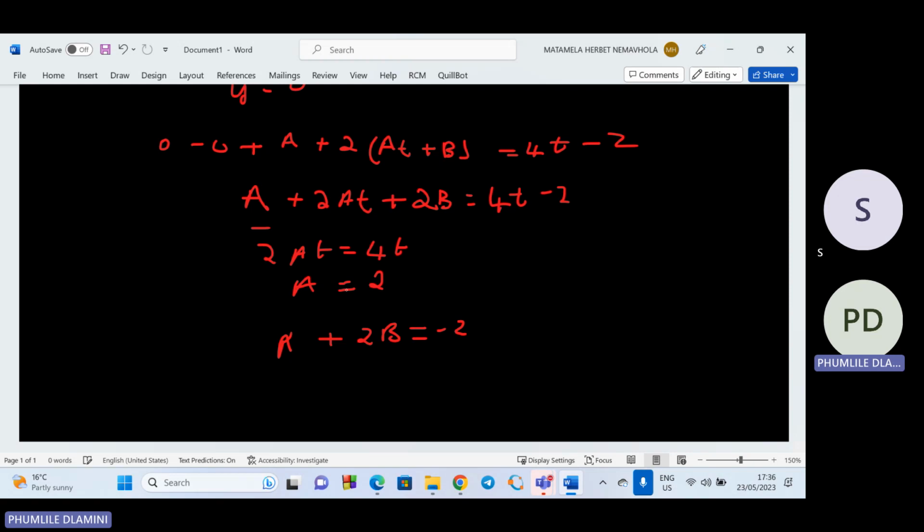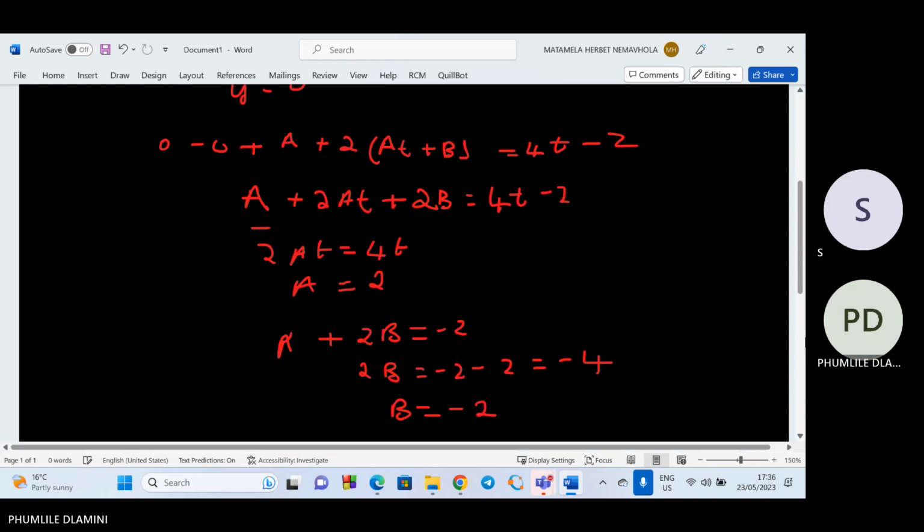Then we substitute 2 here in a, we're going to have 2b equals minus 2 minus 2, which is going to give us minus 4. Then if we divide by 2, our b is going to be equal to minus 2.